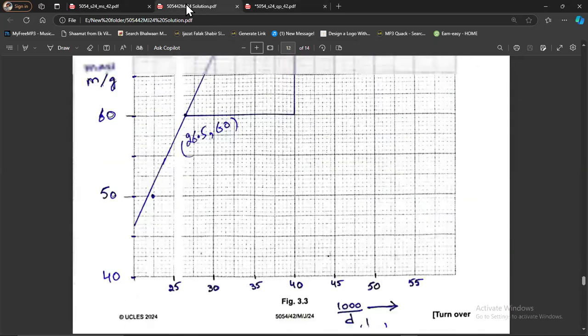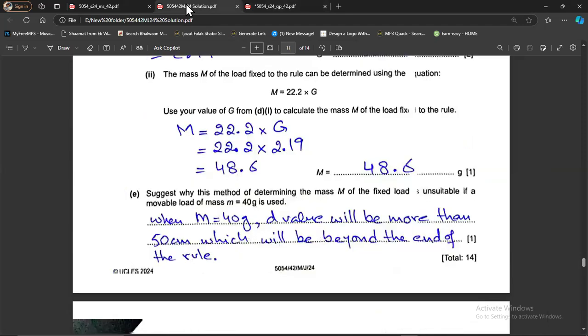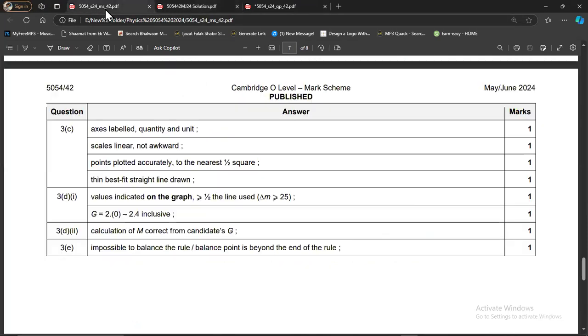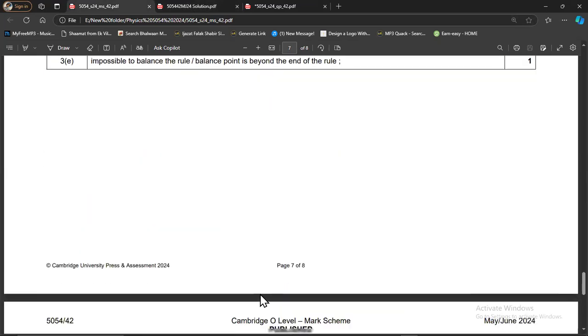So here is my answer. When the mass M is 40 gram, the D value will be more than 50 centimeter, which will be beyond the end of the rule. I hope you understand.